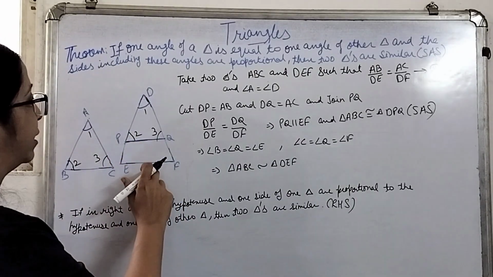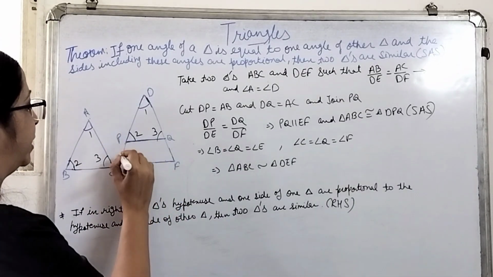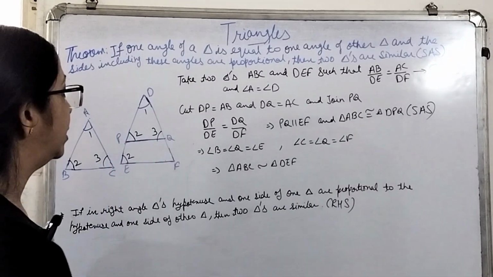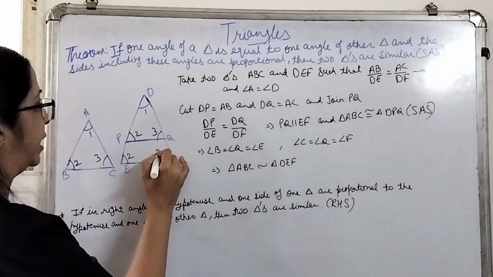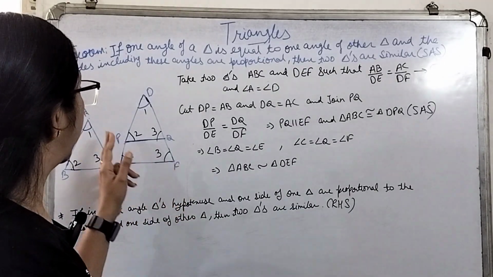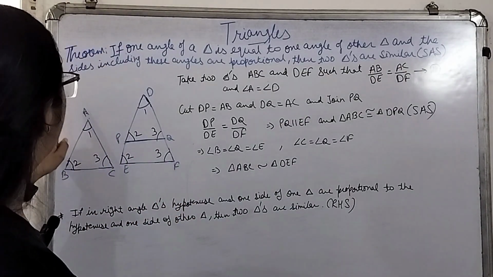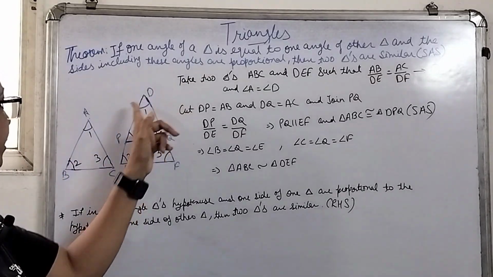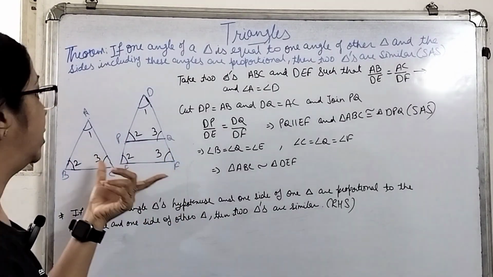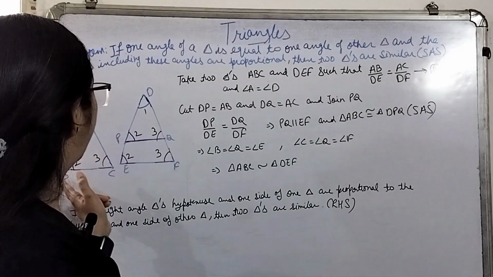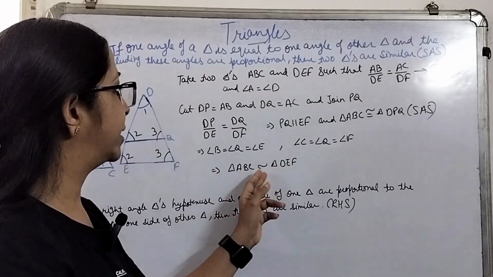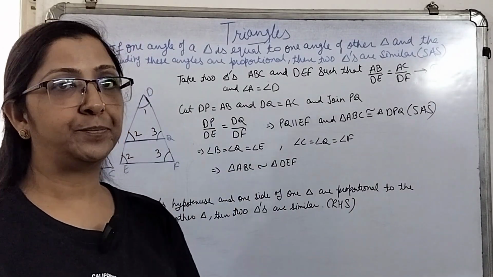If PQ is parallel to EF, so this angle P and this angle E are corresponding angles, so they will be equal. This angle Q and this angle F are corresponding angles, so they will be equal. So these angles are equal, and this angle is even equal. So in two triangles, if all the three corresponding angles are equal, we can say the two triangles are similar.